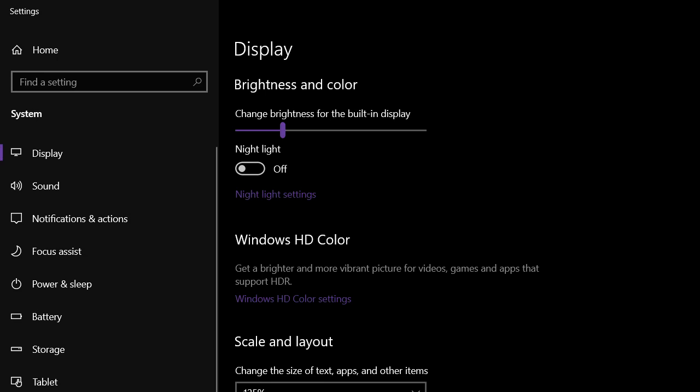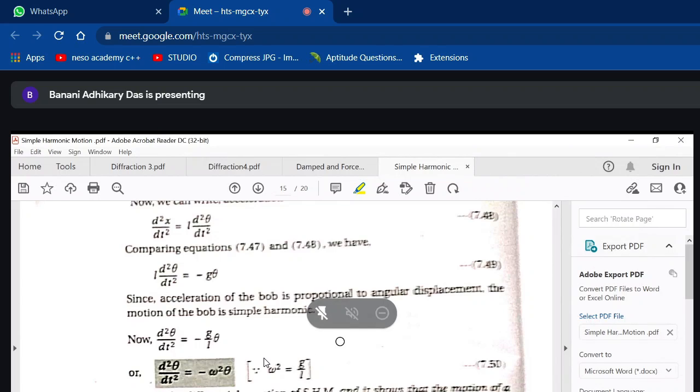This omega is different for different systems executing simple harmonic motion. Therefore, we started with a very simple system, the all too familiar simple pendulum. As we proceed, we have to first satisfy that the net forces acting on the system lead to accelerations that satisfy the differential equation of simple harmonic motion, that is, the functional form d2x/dt2 plus omega square x is equal to 0.